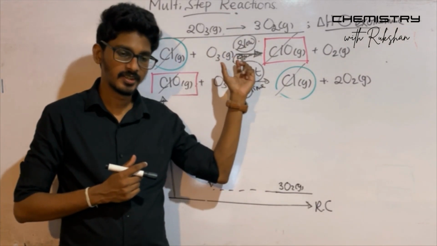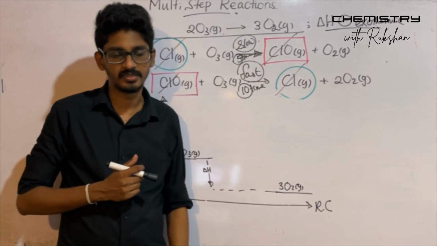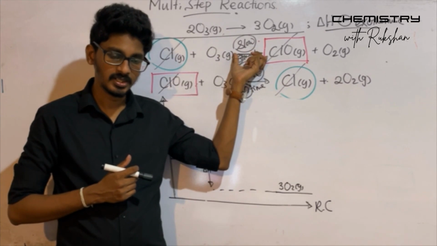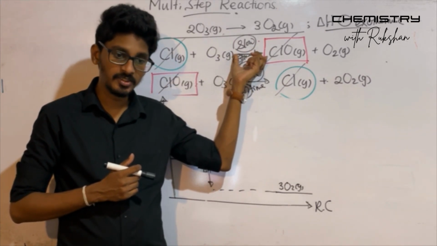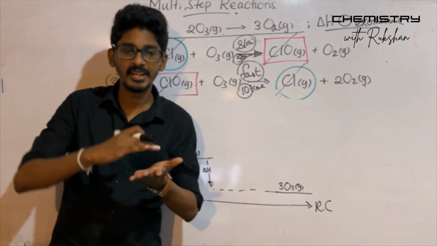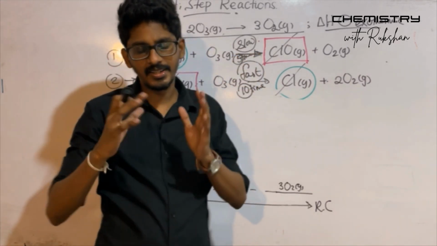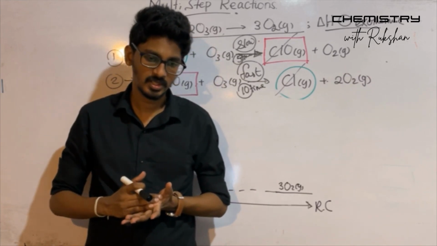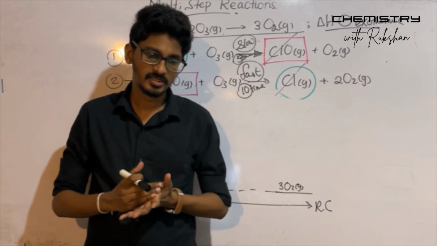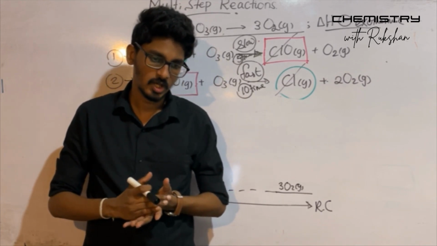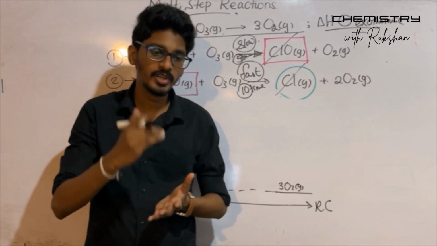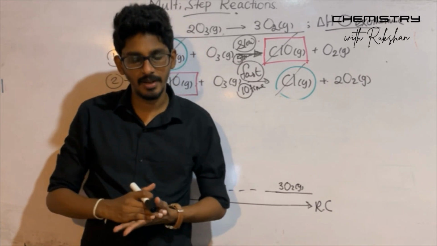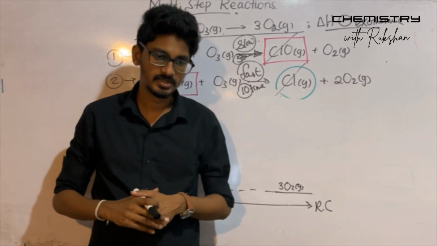One reason for giving you fewer products at this step is the higher activation energy barrier. If you have a great activation energy barrier, the reactant molecules capable of overcoming that barrier are fewer. So only a few reactant molecules will come to the product village if you have a greater hill to climb.